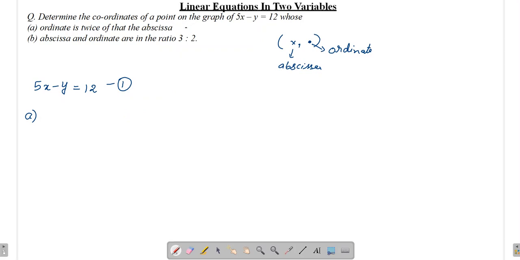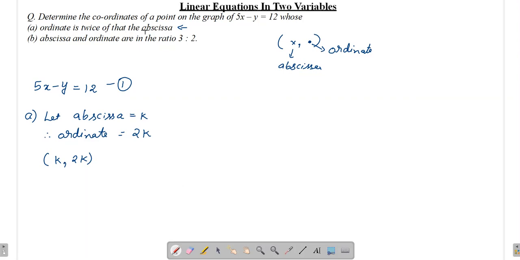So what we do, we'll take abscissa as k, then ordinate is twice of abscissa. That means ordinate will be 2k and your ordered pair or coordinate will be k comma 2k.